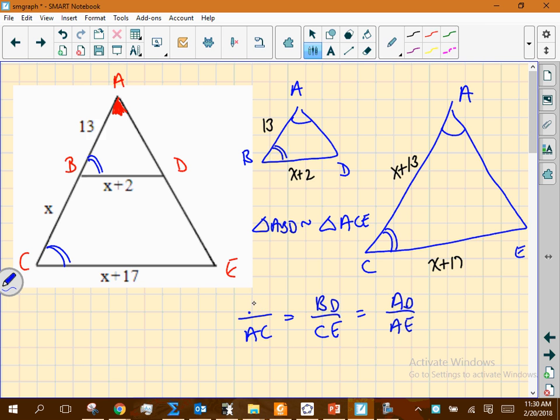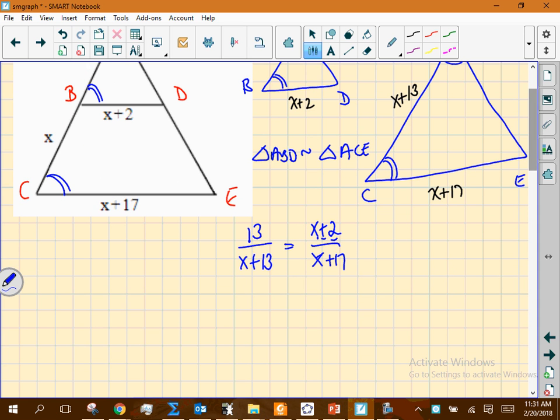Okay, so AB is 13, AC, X plus 13. All right, BD, X plus 2, and CE, X plus 17. All right, so now you might see the reason why we spent time on factoring, because now when I cross multiply, what's X times X?